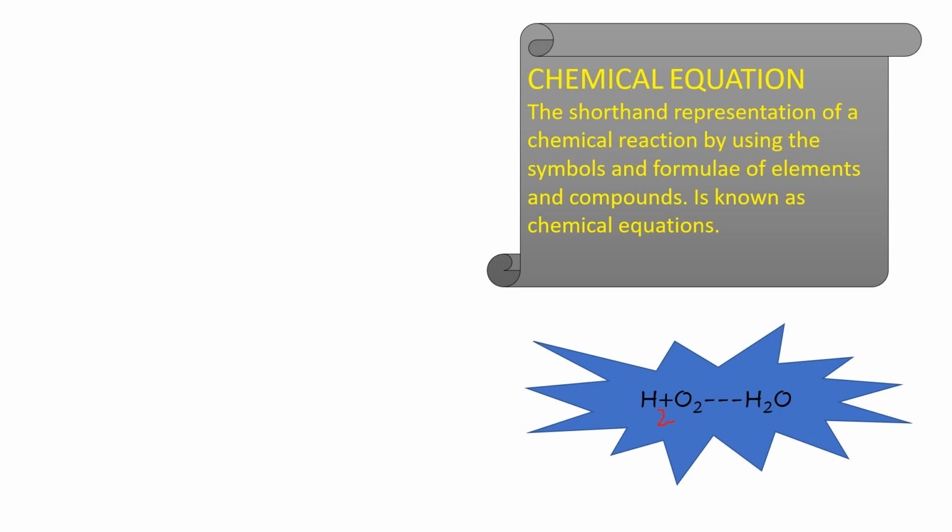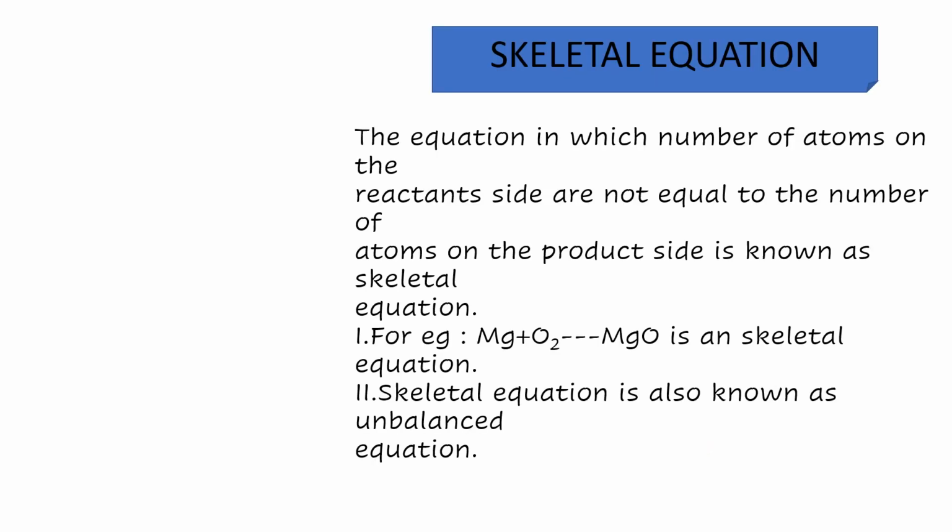So it forms water. We came to know about this before also. That means a shorthand representation of a chemical reaction using symbols and formulae of elements and compounds is known as a chemical equation. There are two types of chemical equation: skeletal equation and balanced equation.